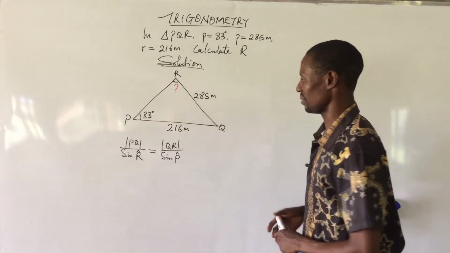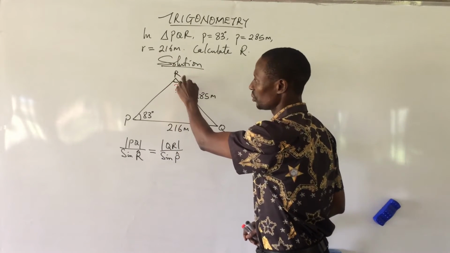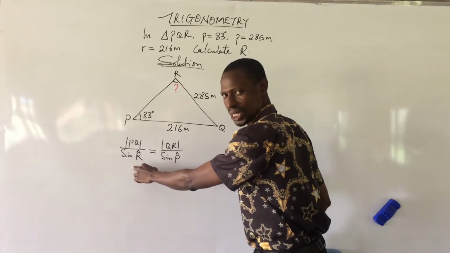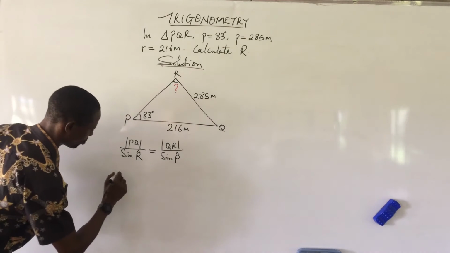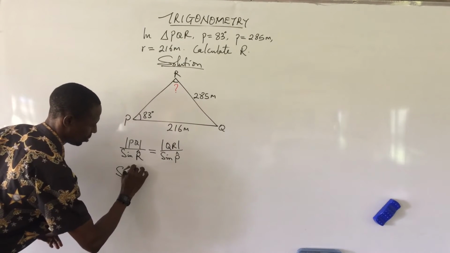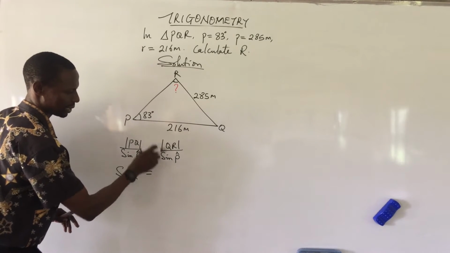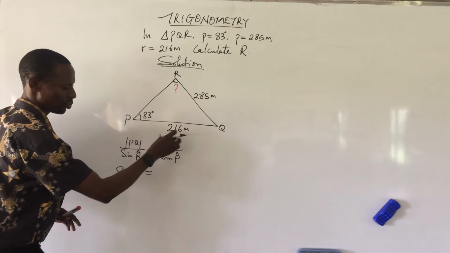Now that we have this in place, we are looking for sine R, which is angle R. We have to make sine R the subject of the formula. So making sine R the subject of the formula, this will give us sine capital letter R is equal to, we cross multiply. When we cross multiply, we divide by QR.